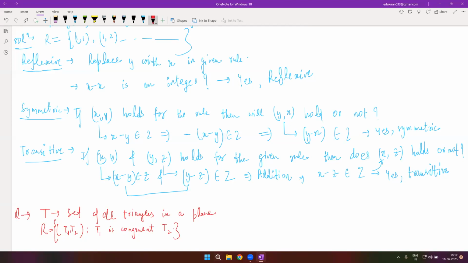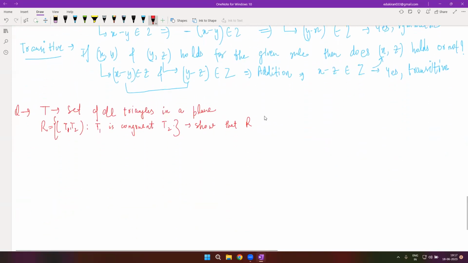We have to show that R is an equivalence relation.